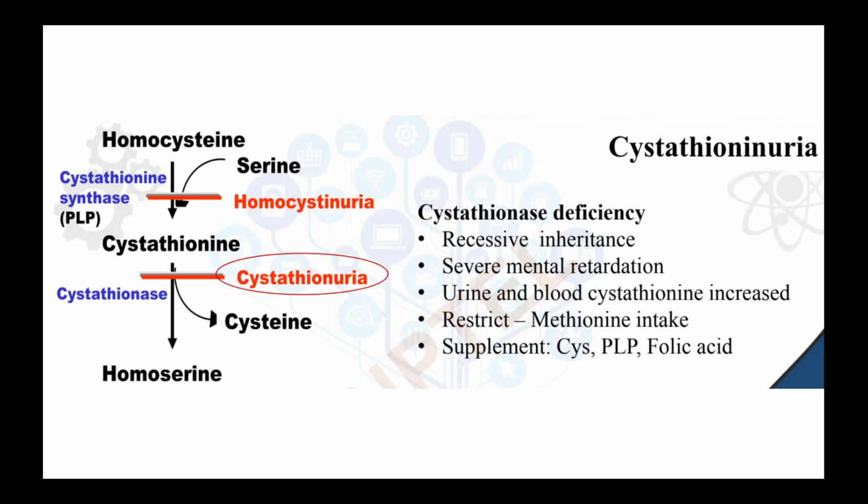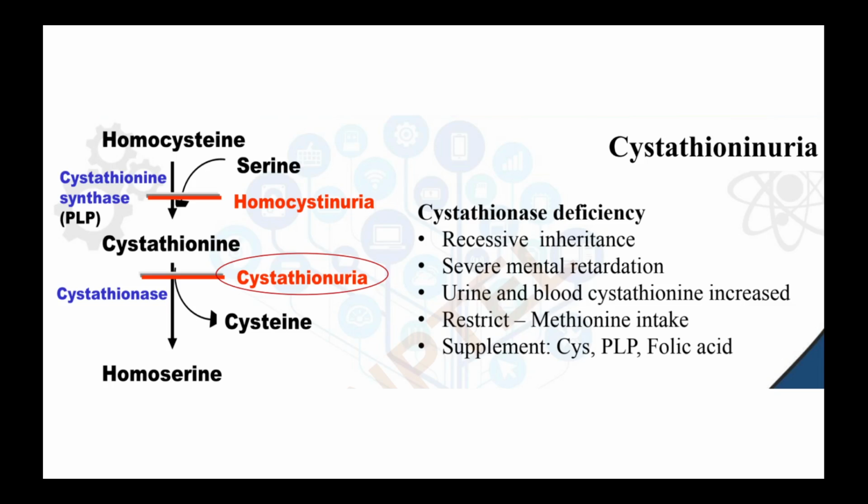Now, the deficiency of cystathionase will inhibit this reaction, so there will be no formation of cysteine or homoserine, and the cystathionine accumulation will start and eventually be excreted in the urine, and it will be there in the blood circulation, and it is called cystathionuria.